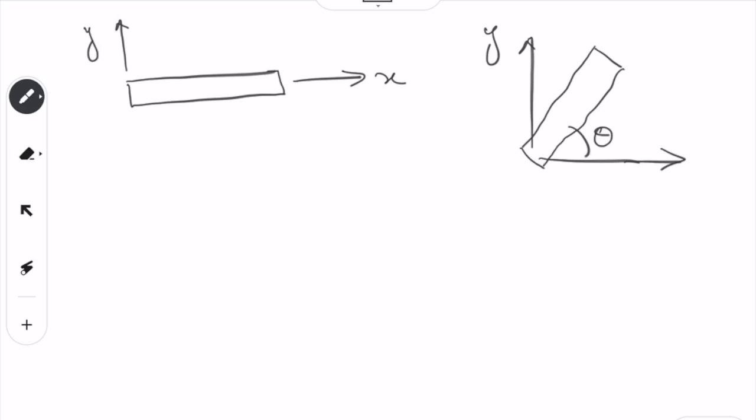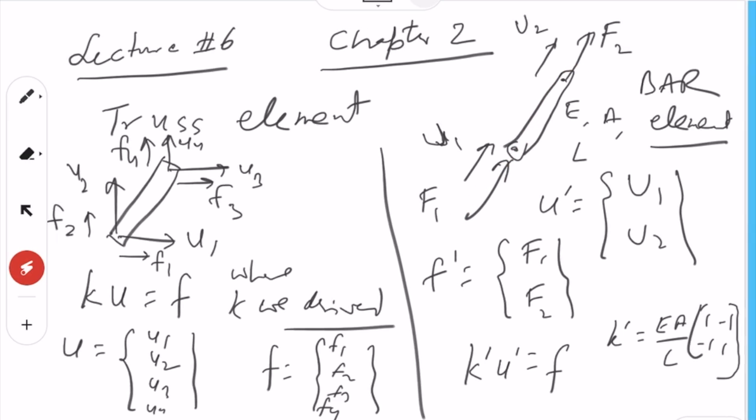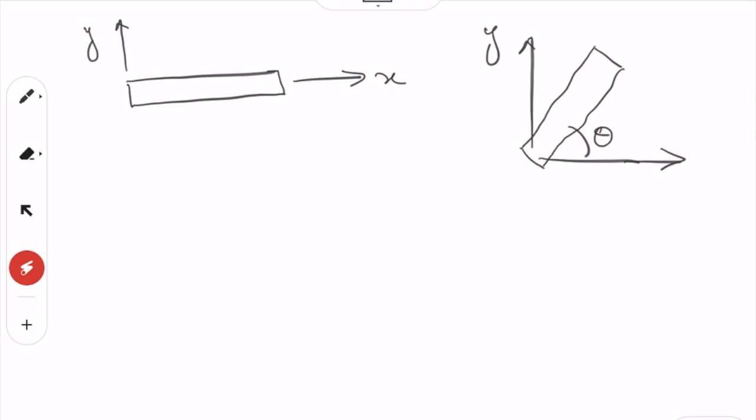So let's, to begin with, use the previous case only, where the forces and displacement are aligned with the axis only. However, we will use 4 degrees of freedom.